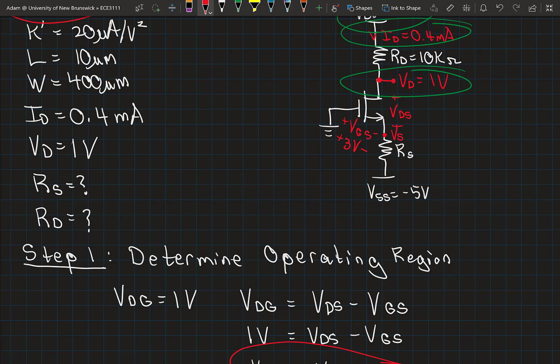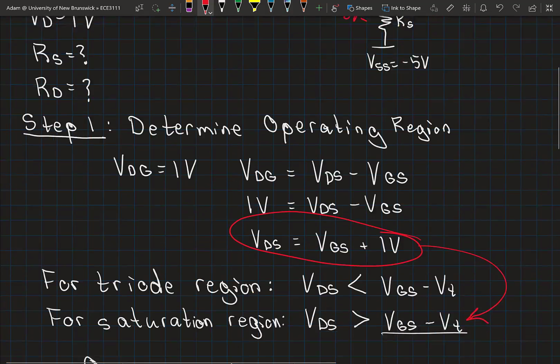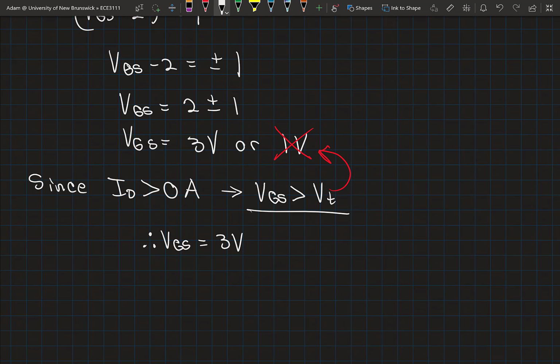Since the gate is at ground, the source voltage is equal to the negative of the gate to source voltage. So it's equal to negative 3 volts as I go from the gate to the source. That gives me my voltage at the top of the source resistor.